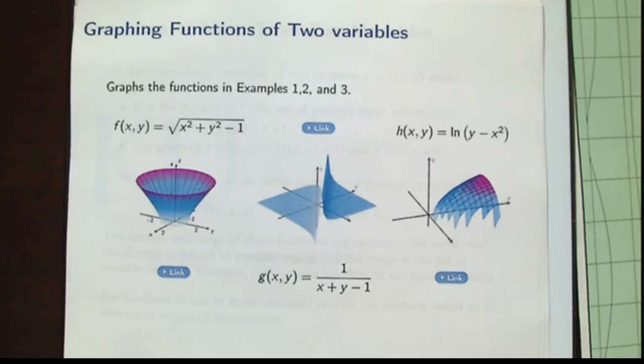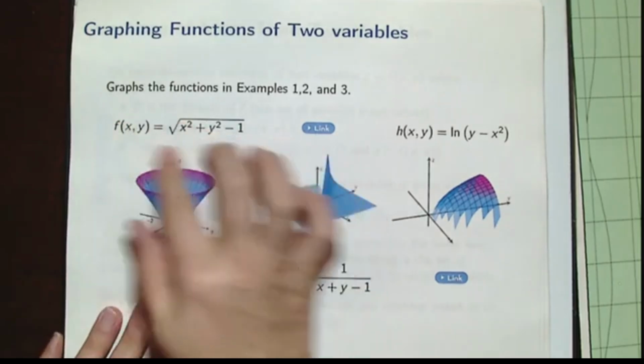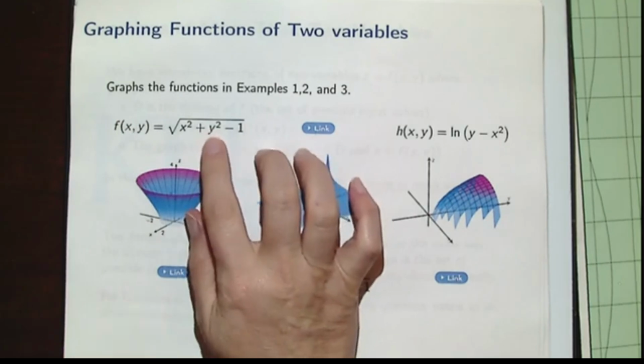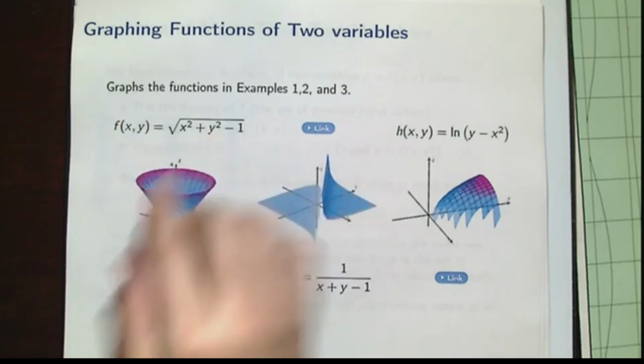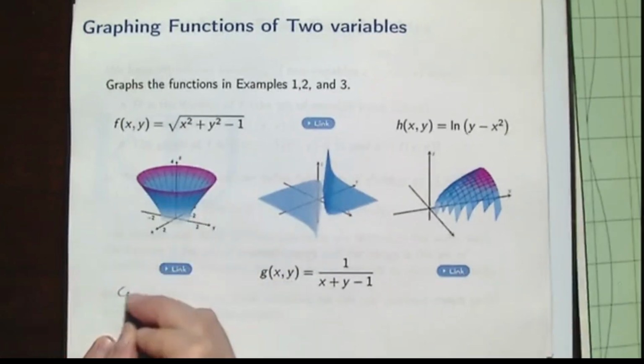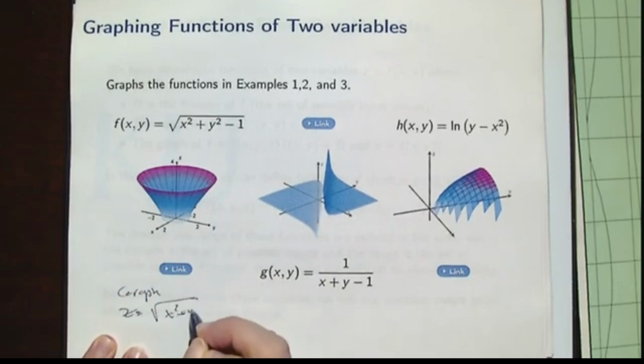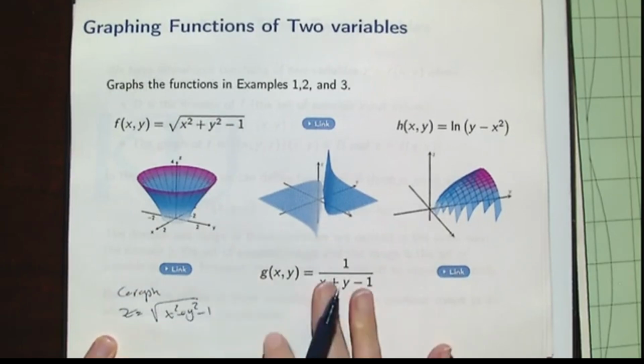Let's talk about it a little bit more. When I'm looking at that, it's all these sets x, y, z such that this is true. The graph is z equal to the square root of x squared plus y squared minus 1.